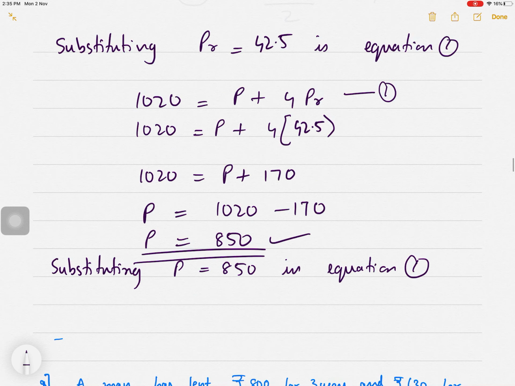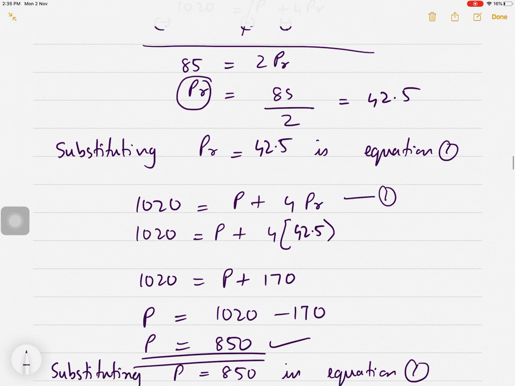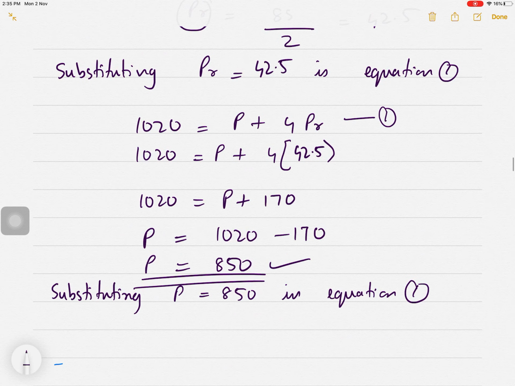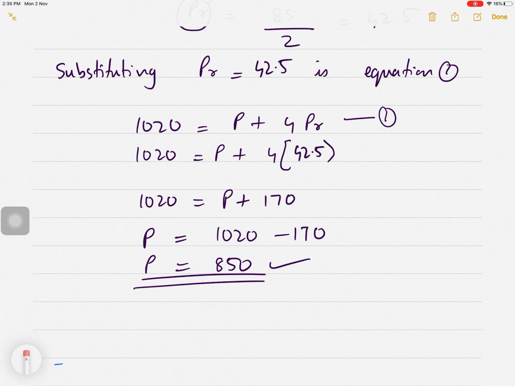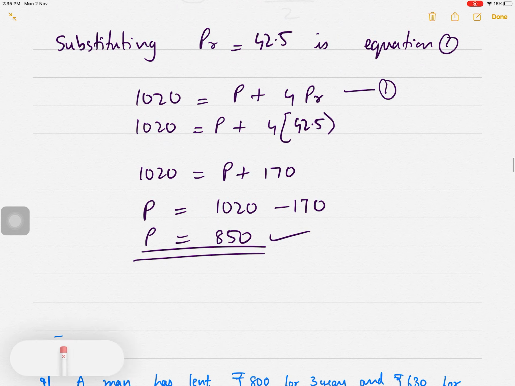You can use any equation, or instead of using that, I can use this only. PR is equal to 42.5, instead of using this, I can use this only. PR is equal to 42.5, right?